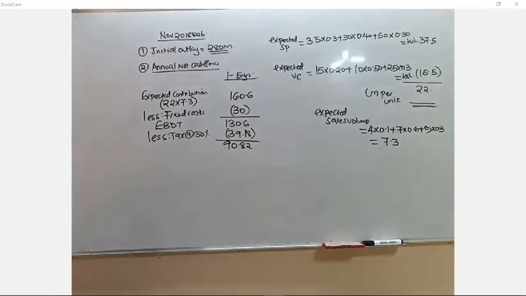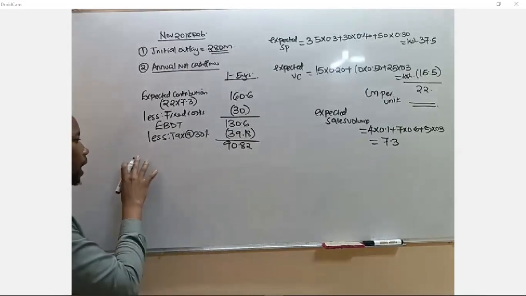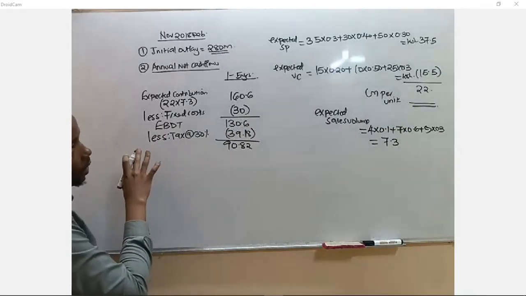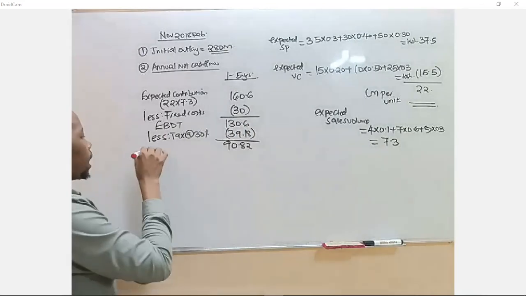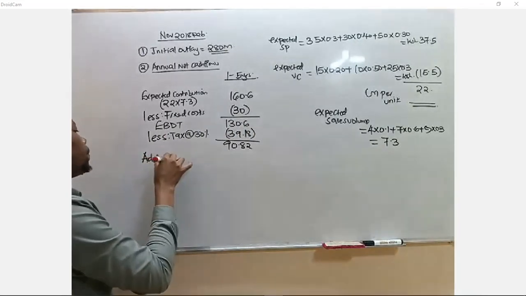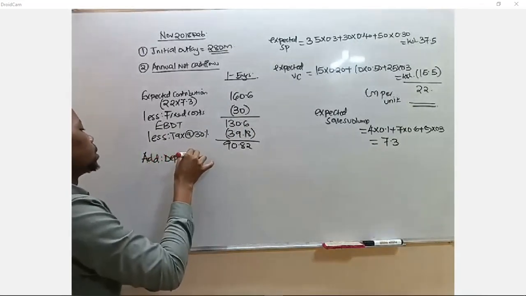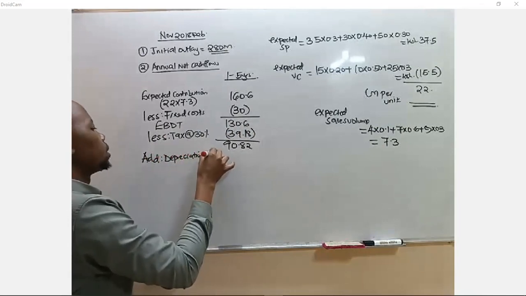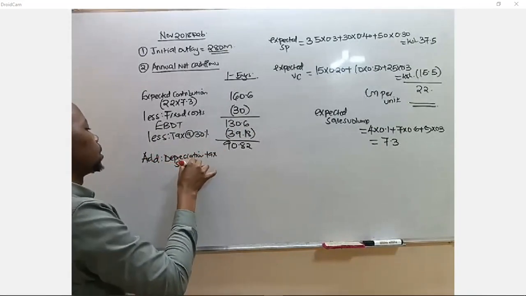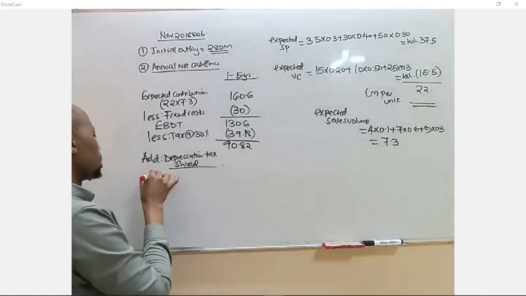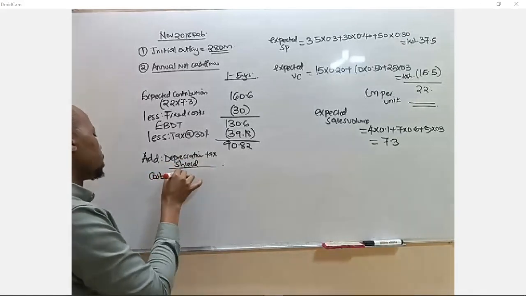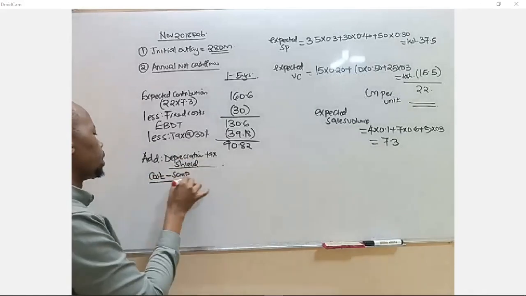Then after that, because we said we have to take the easy route, we normally add depreciation tax shield. How do we get it? We say take the cost minus the scrap, divide by the number of years.